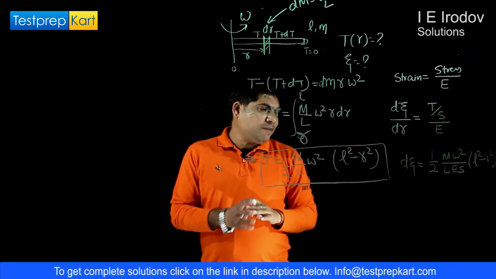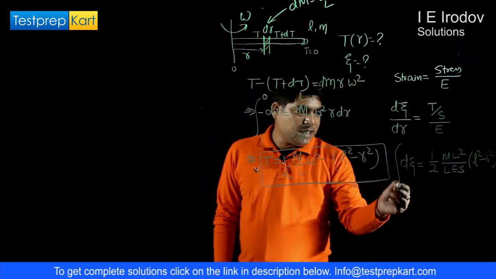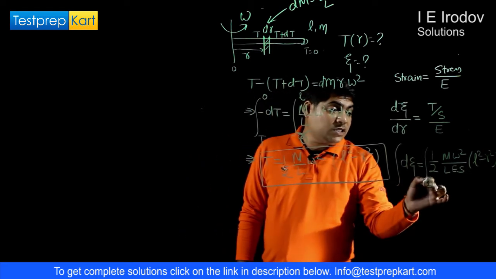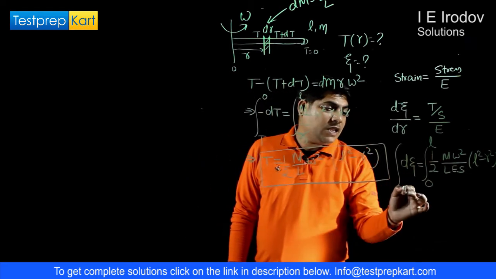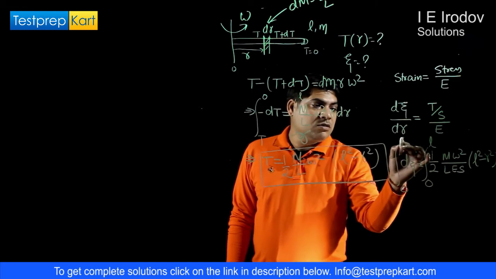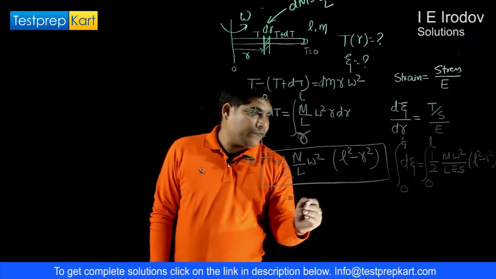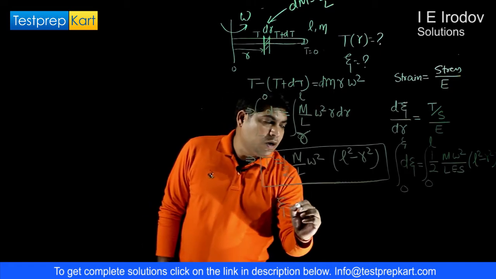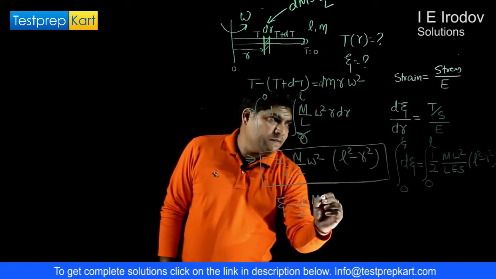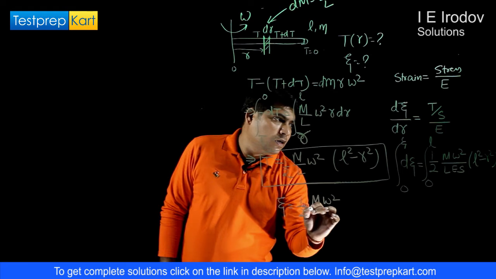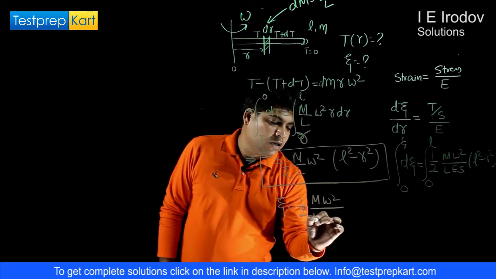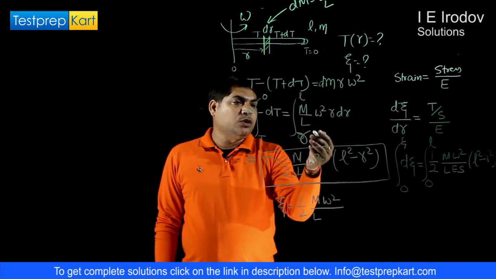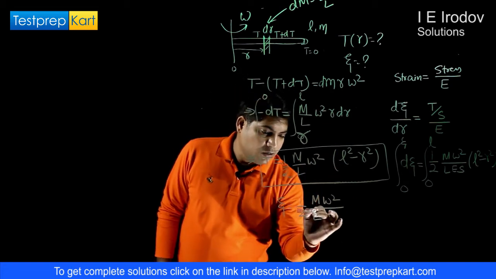Now we have to integrate this function for the entire length. So this is 0 to L, and this is also 0 to epsilon. So we'll get epsilon equal to 1 over 2 m omega square L. Here I am writing again small l and capital L, so please don't get confused, both are the same.